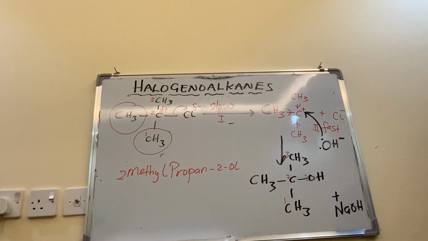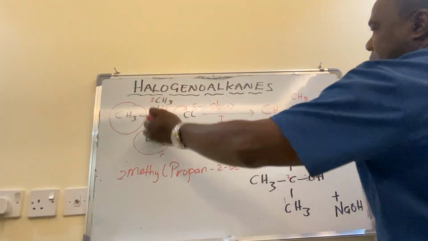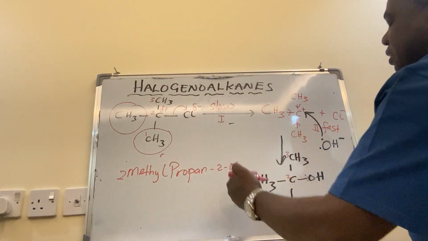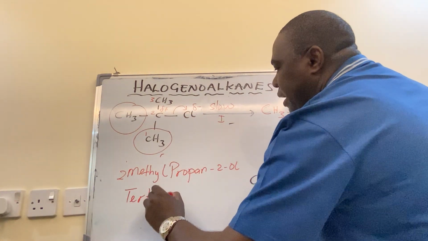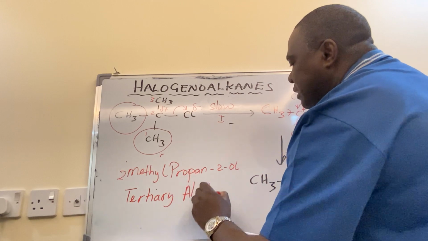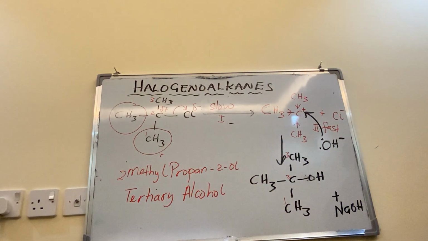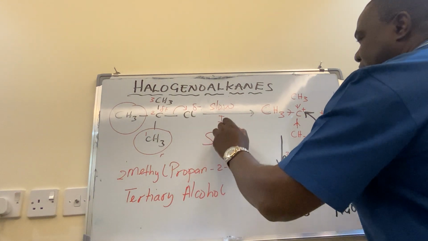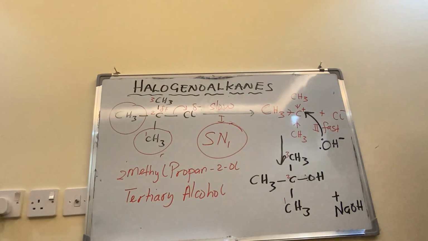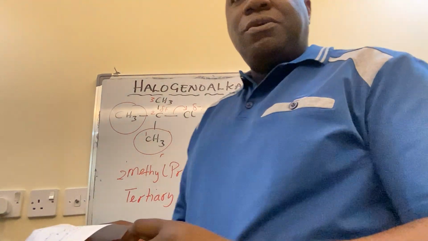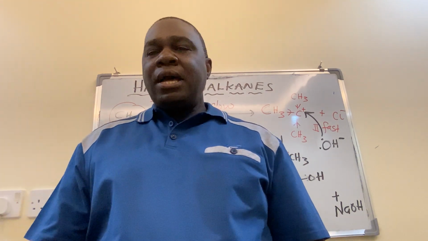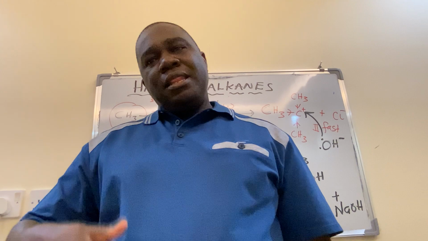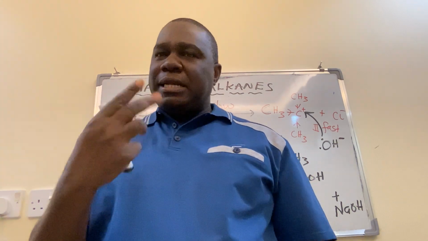So from 2-chloro-2-methyl propane, we've produced 2-methyl propan-2-ol, which is also a tertiary alcohol. In another session, I'll touch on types of alcohols and the reactions that they undergo. So remember, this one is SN1. When we are talking of tertiary halogenoalkanes, there are two stages, and this is represented by SN1. The other one has only one stage but is bimolecular.